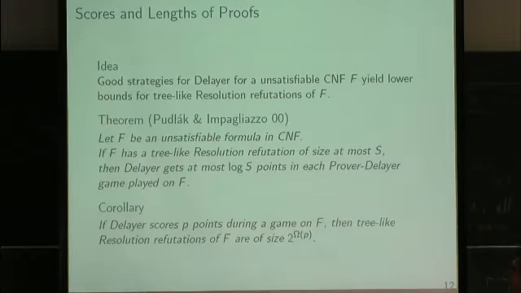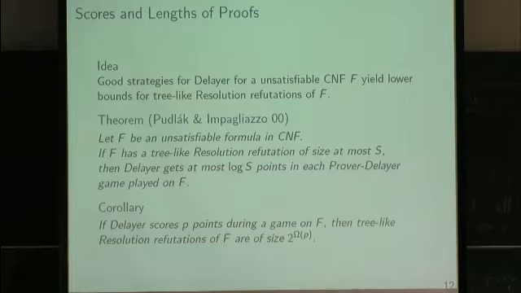The underlying idea is that good strategies for the delayer for an unsatisfiable CNF in fact yield lower bounds for tree-like resolution refutations. The theorem of Pudlák and Impagliazzo tells you that if you start with an unsatisfiable formula in CNF that has a short proof in tree-like resolution, say a proof of size at most S, then the delayer will score at most log S points in each prover-delayer game played on F. So there is a prover strategy that prevents the delayer from earning too many points if the proof is short.